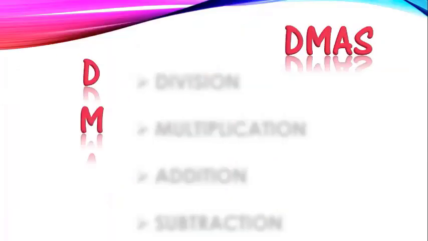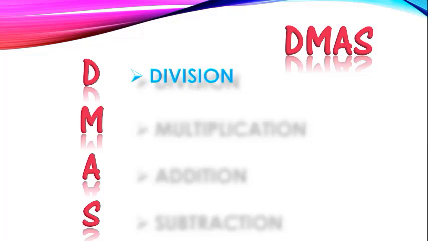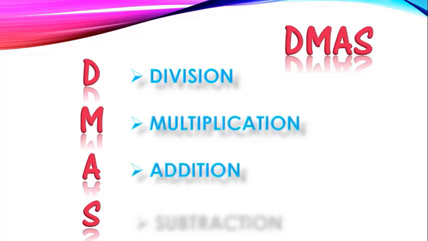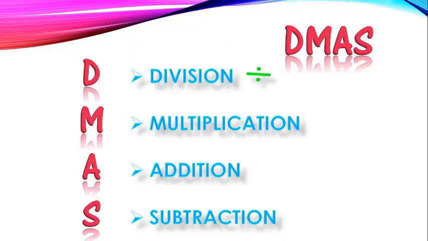D stands for division, M stands for multiplication, A stands for addition, S stands for subtraction. It means first divide, then multiply, next add and finally subtract to get the answer.